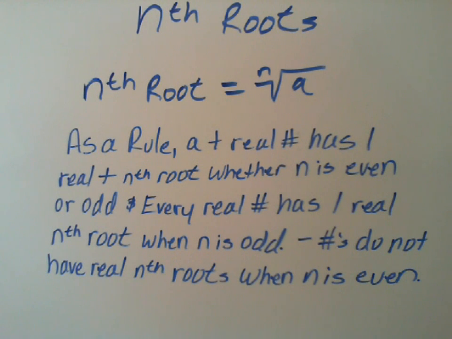Now, here is the general rule you use when you're solving larger roots. I'm not going to read this general rule word for word, but I'm basically going to break down what it means.